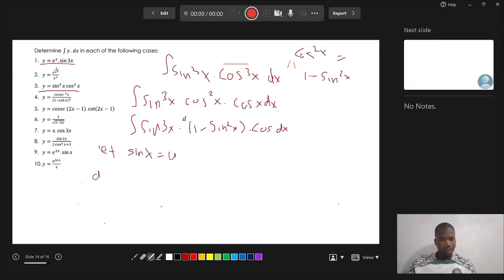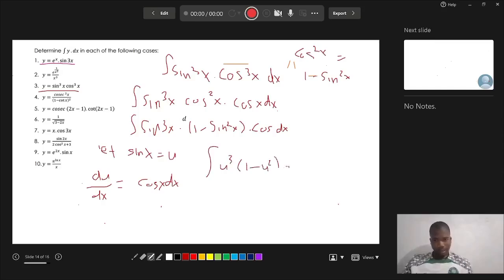Then we derive du over dx, which is equal to cos x, so du equals cos x dx, right? So now our equation changes into u to the power 3 times 1 minus u squared du, right?